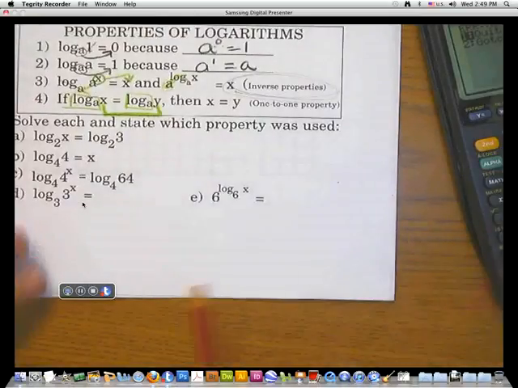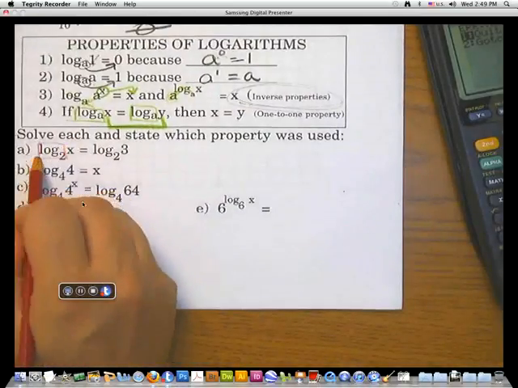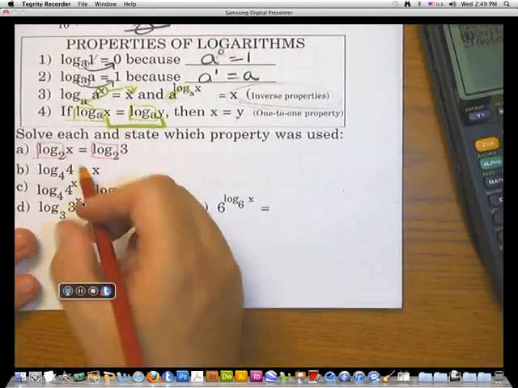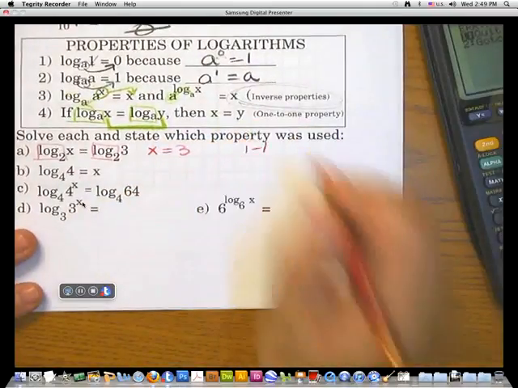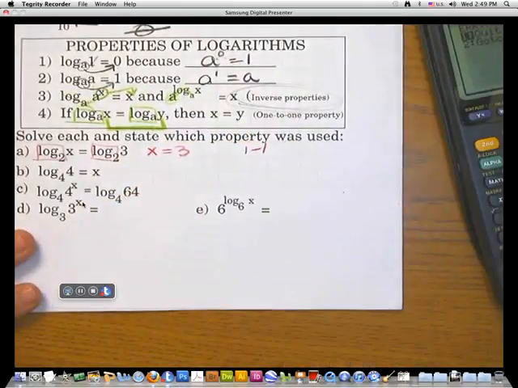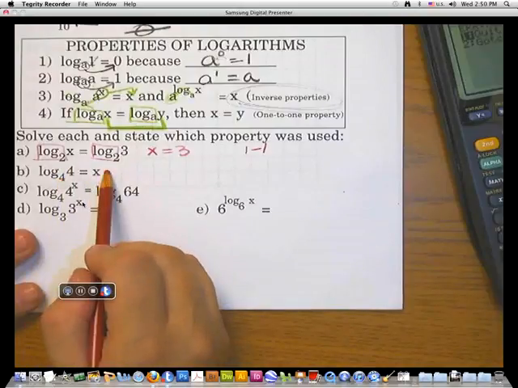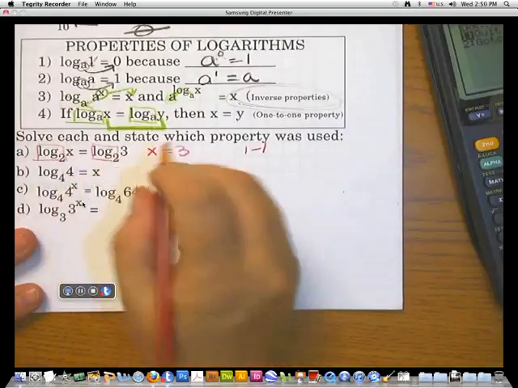So we're going to solve each of these. Here we have the log base is the same, so x must be 3, and that's because of the one-to-one property. Here I have log base 4 of 4 to the x is x because of property number 2.